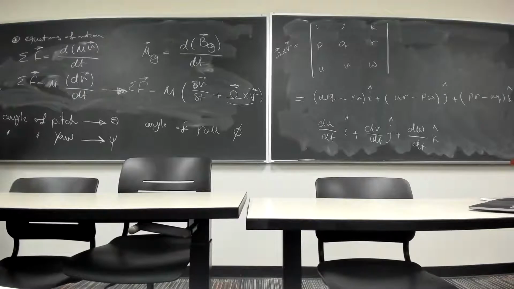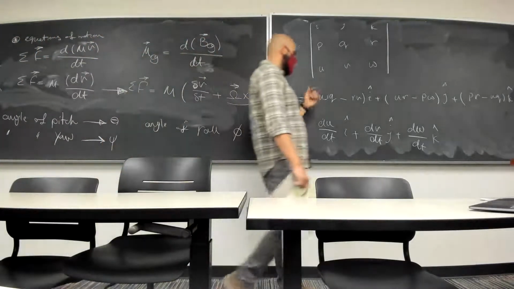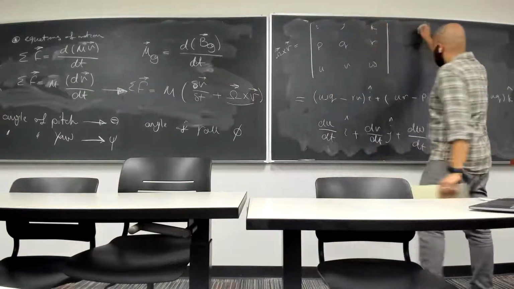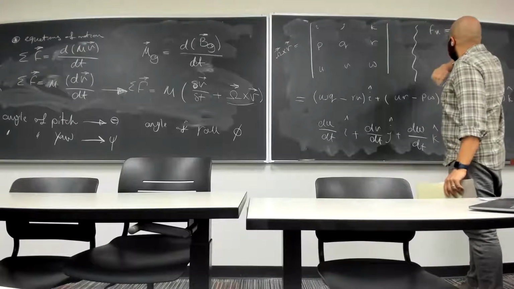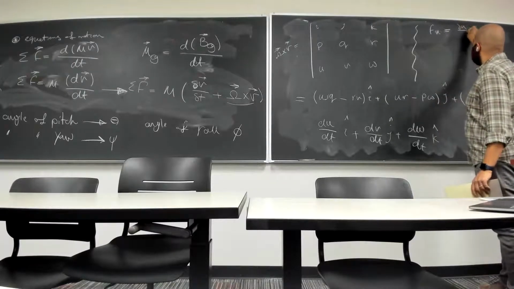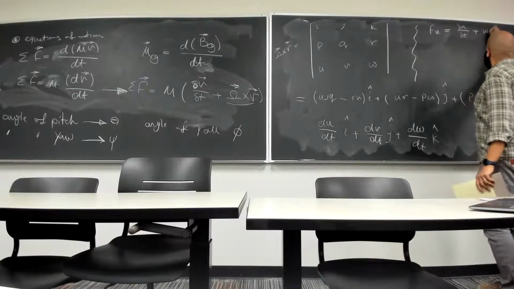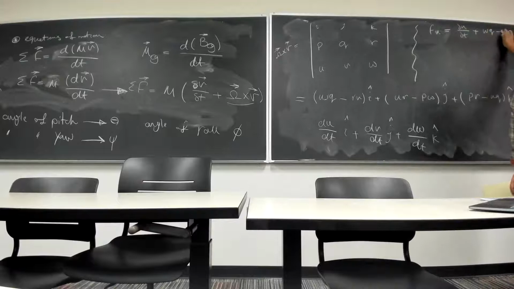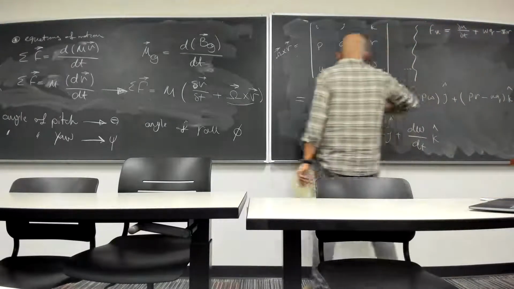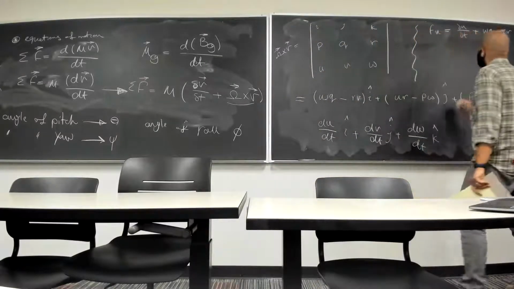Okay, so we have found the components in each direction, which tells us we can come up with the three equations we need. F of x is going to be equal to partial u partial t plus wq minus vr.